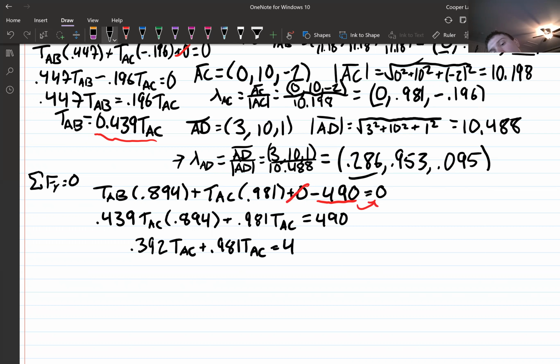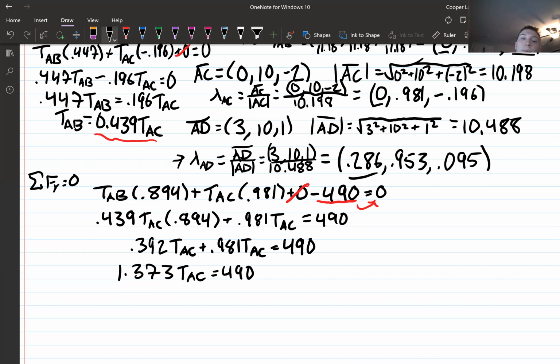This equals 490. Now keep in mind, all of this is in newtons, and that's going to come up when we get our answer because our answer will be in newtons. So now when I add 0.392 to my 0.981, sorry about that, mistyped something, I'm going to get 1.373 TAC equals 490.